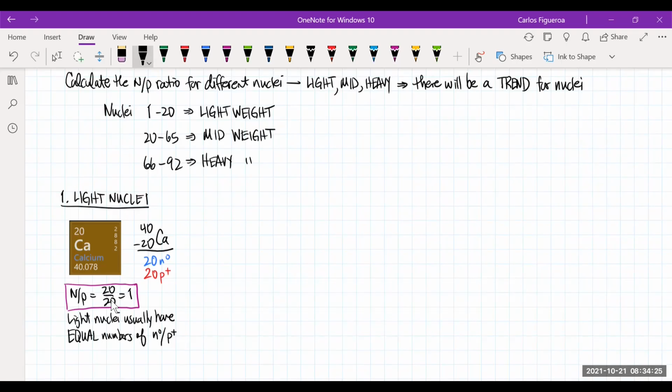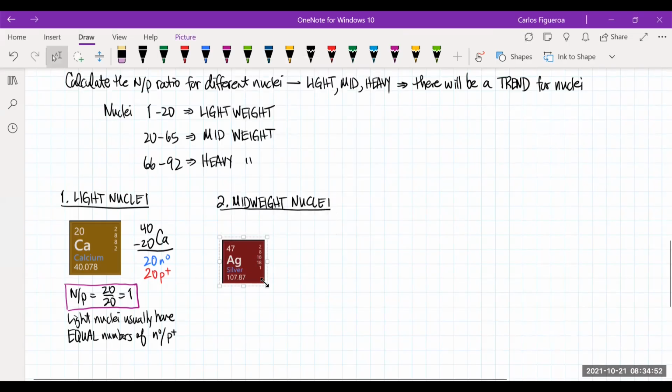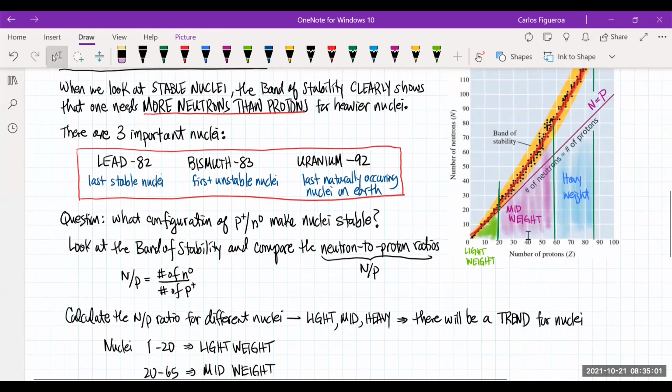So let's go to the next one, midweight. Let's look at silver. I'm just randomly picking these. Where does silver land? If I come up here, it's 47, right smack in the middle of the midweight region.